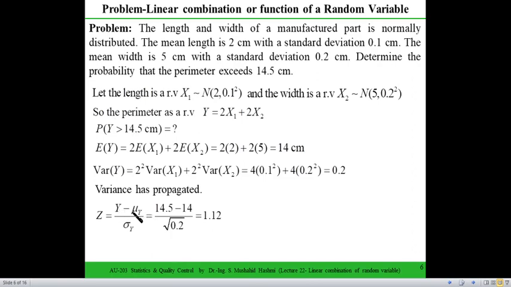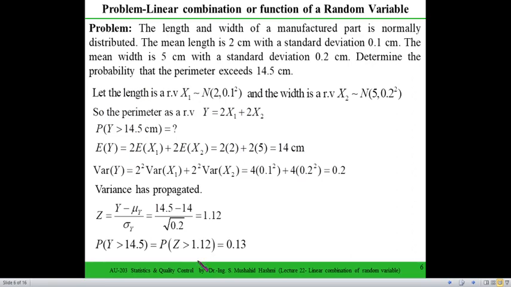Here the mean of the y value is 14, and its standard deviation is the square root of the variance. Corresponding to Z, when Y is greater than 14.5, it means Z is greater than 1.12.